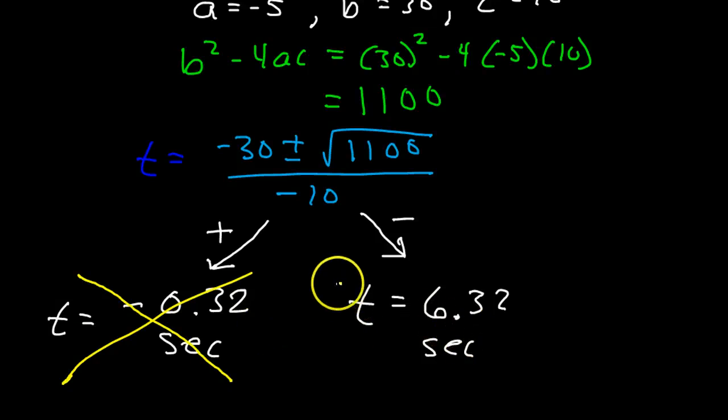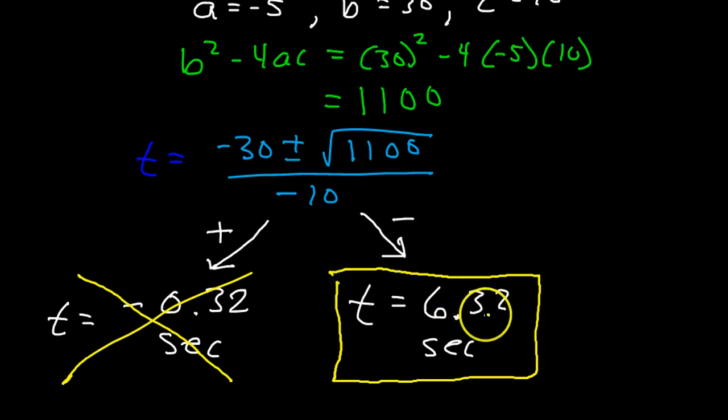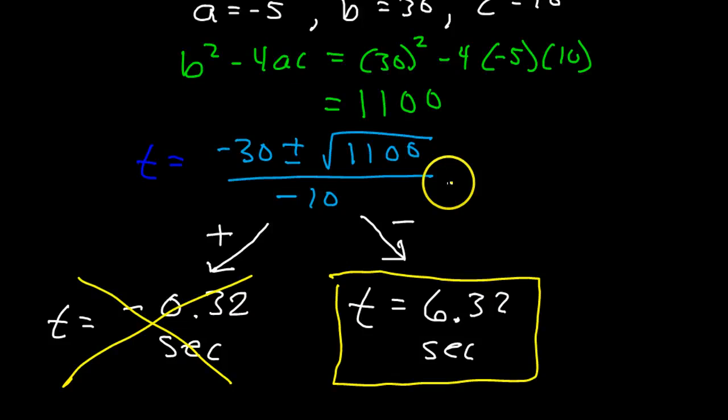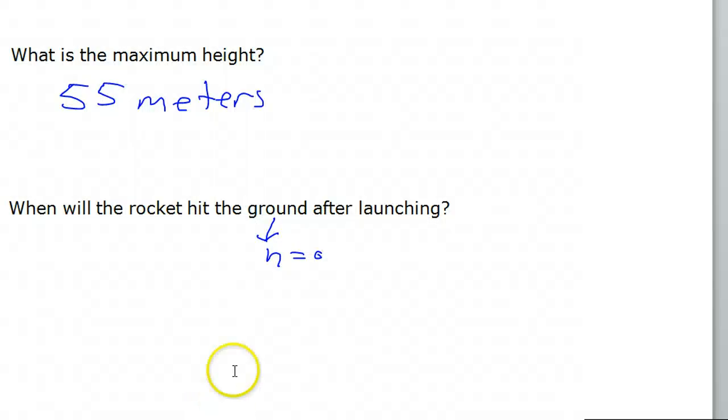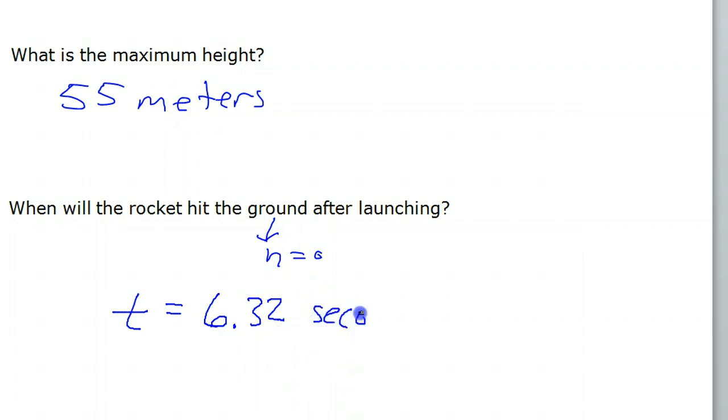So the only viable solution is 6.32 seconds. That must be when it hits the ground. So when will the rocket hit the ground after launching? At a time of 6.32 seconds. That is the final answer.